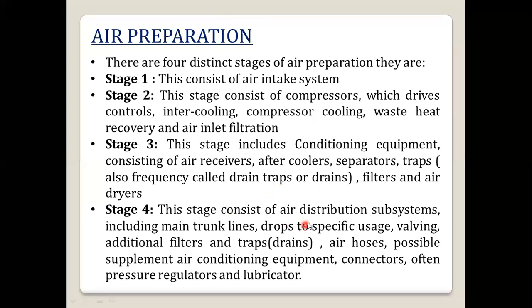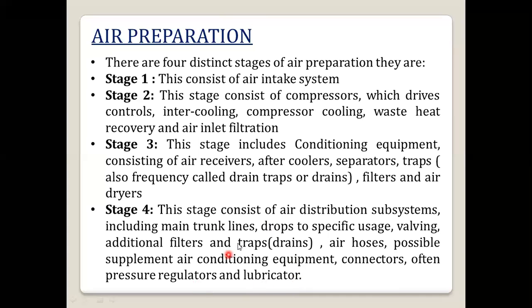Then stage 4 consists of the air distribution subsystem. It includes the main trunk lines. Here we will mainly be using additional filters, then air hoses, then possible supplement air conditioning equipment, connectors, and pressure regulators and lubricator.